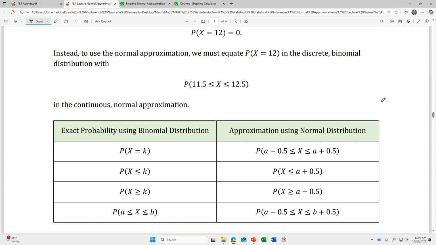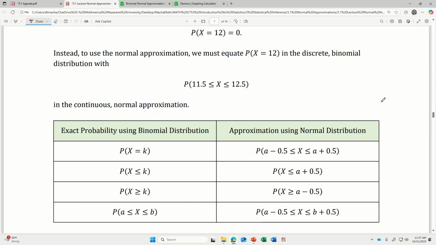All of the lower bounds are going to go down by 1/2. All of the upper bounds are going to go up by 1/2. And that's going to give a little bit of area to the exactly equal to case. And I have to continue that idea for all of these others.